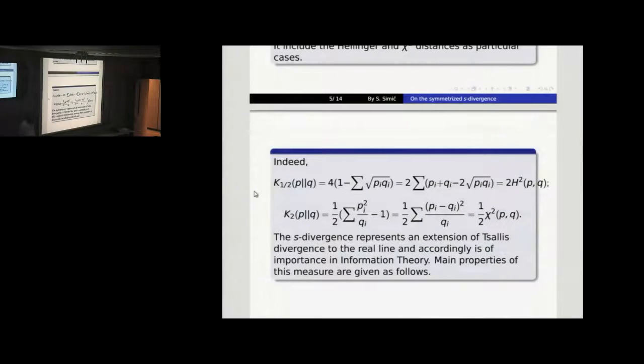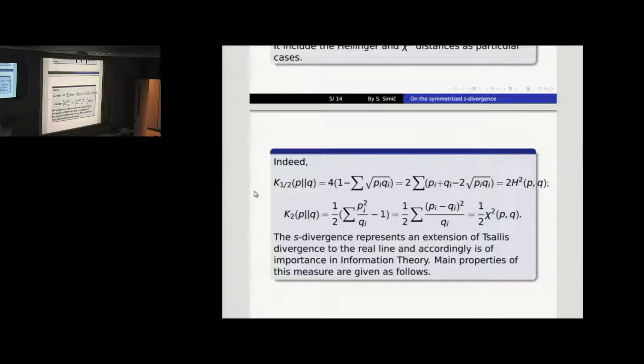Let's see. If you put S equal to 1/2 over there, you obtain this, and this is equal to this, and this is a square minus square, and this is exactly 2 Hellinger distances.